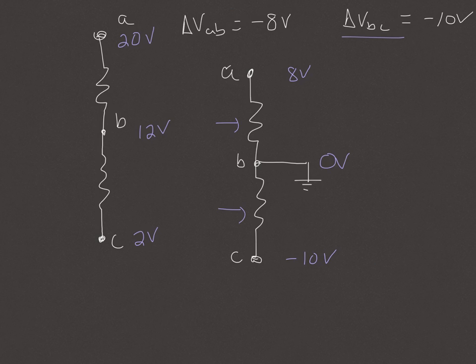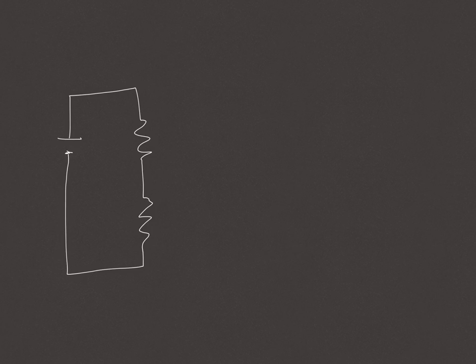So let's look at another situation here. A full circuit. This will be 6 volts, 2 ohms, 1 ohm.